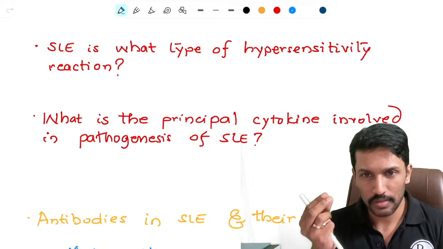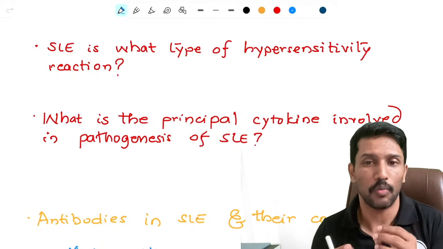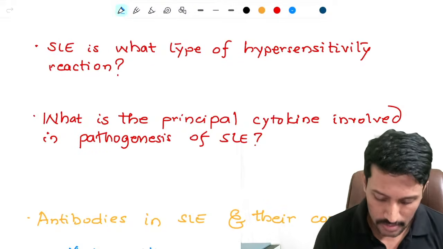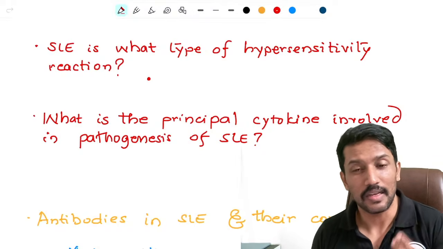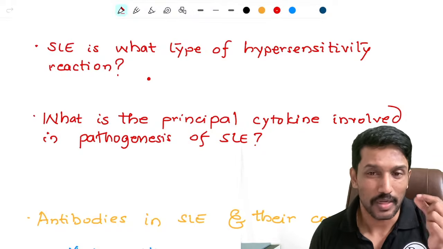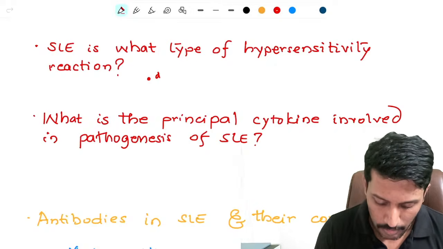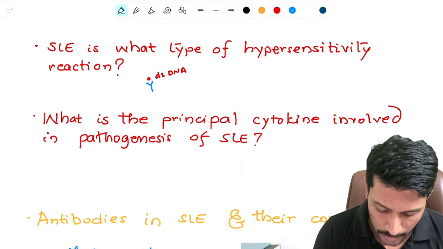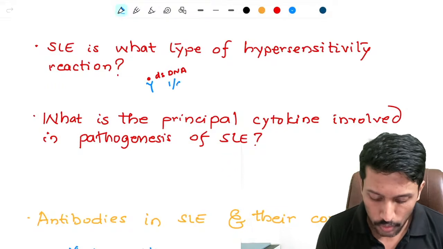These antibodies bind with our own antigens to form what we call immune complexes. Like, you might have heard about the anti-dsDNA antibody that we get. So double-stranded DNA is acting as an antigen. Against it, the body produces an antibody that will come and bind it and form a complex. So now what I have is an immune complex.